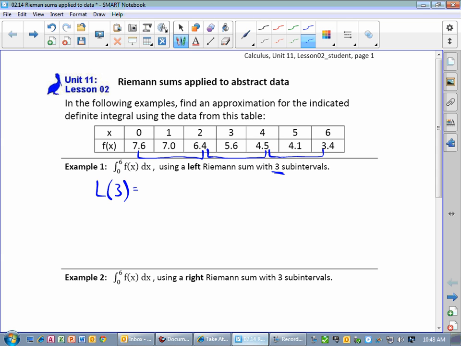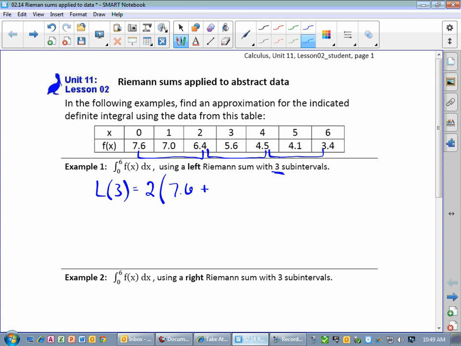Now, how wide is each of these rectangles? 2. So we're going from 0 to 2, 2 to 4, 4 to 6. So how wide is each rectangle? 2. So we've got 2 times, and now we take our first function value, so that's 7.6, plus our next function value, which would be 6.4. Remember our subintervals here, we have 0, 2, 4, 6.